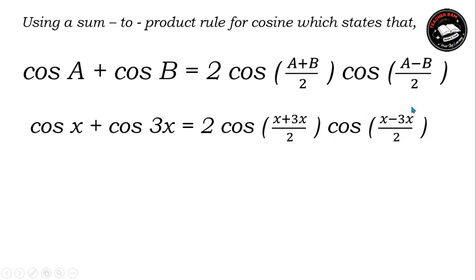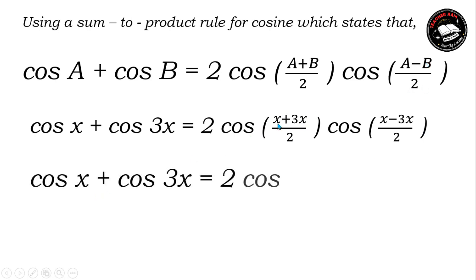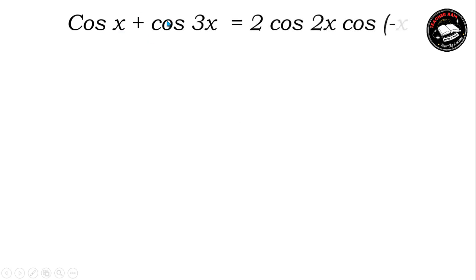So operating here, result will be cosine of, here x plus 3x is 4x divided by 2, and here x minus 3x is negative 2x, then divided by 2. And our result will be cosine of x plus cosine of 3x is equal to 2 cosine of 2x multiplied by cosine of negative x.